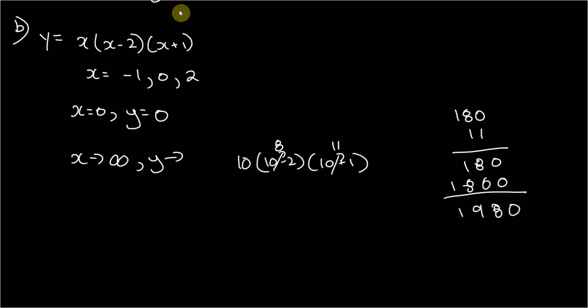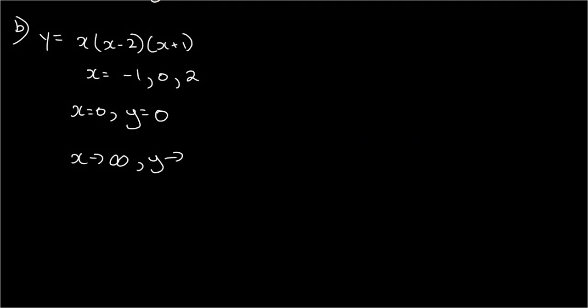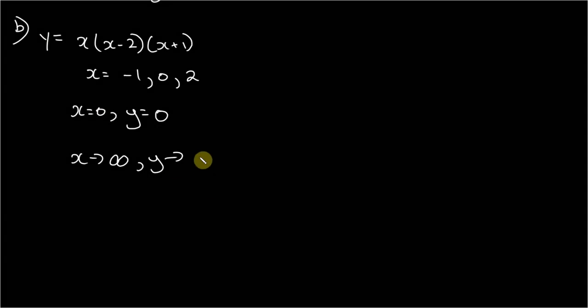Okay, so just erase all of this. So 1980. So what's clear is that y is also getting much larger as x gets larger, and so if we just draw our axes here, negative 1 and 2. So just say something like that. Say that's negative 1.